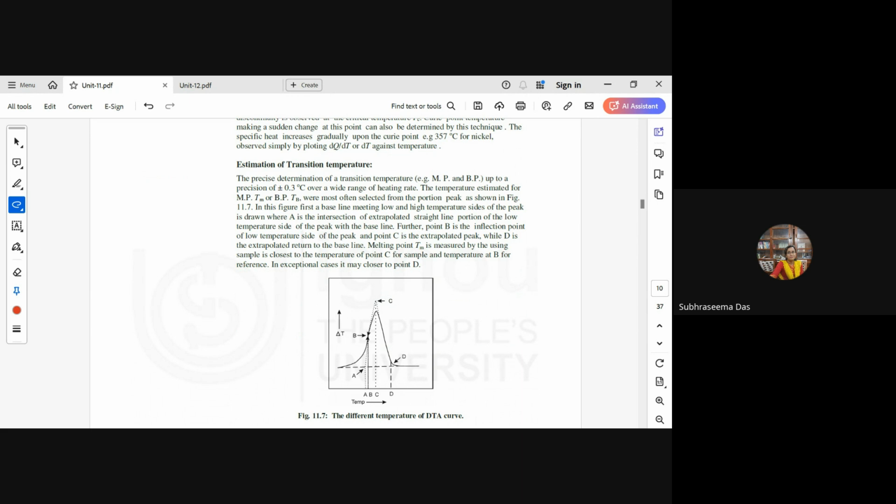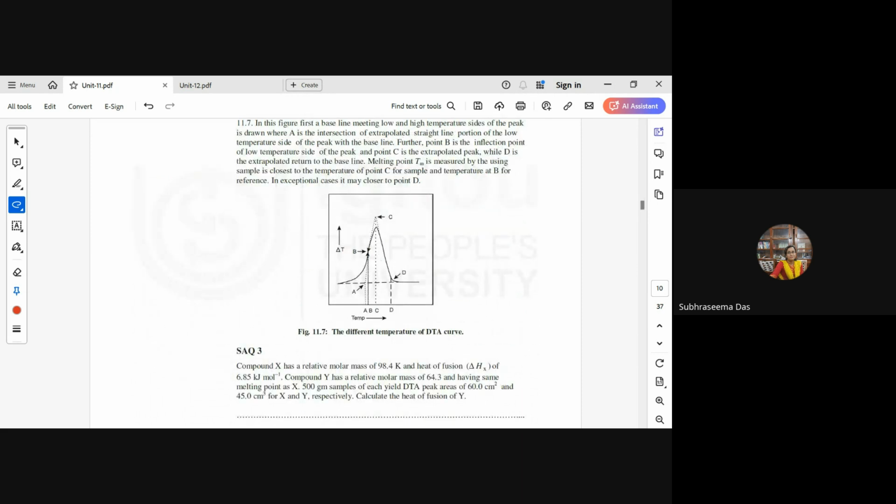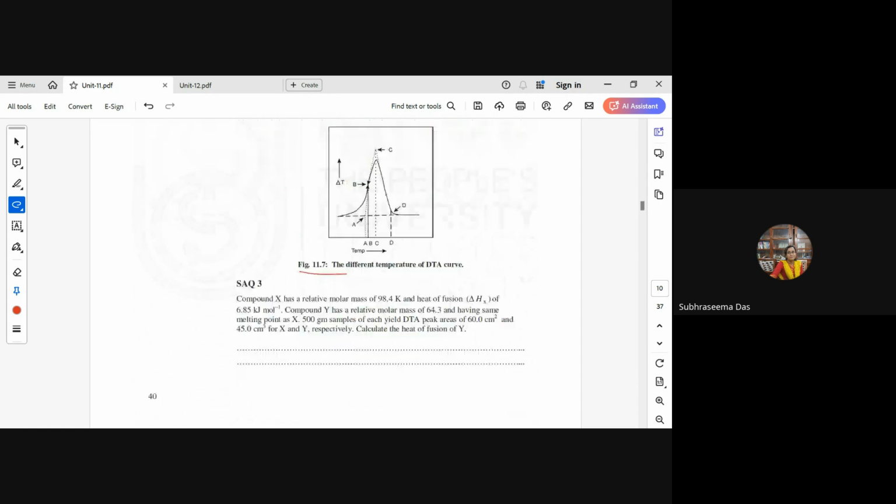In many cases, as we look into figure 11.7, we can see various different temperatures at different points. To actually find the melting point of the particular sample, it is measured by using the sample which is closest to the temperature of point C, and temperature at point B for reference. In exceptional cases, it has also been found that Tm might be closer to point D.